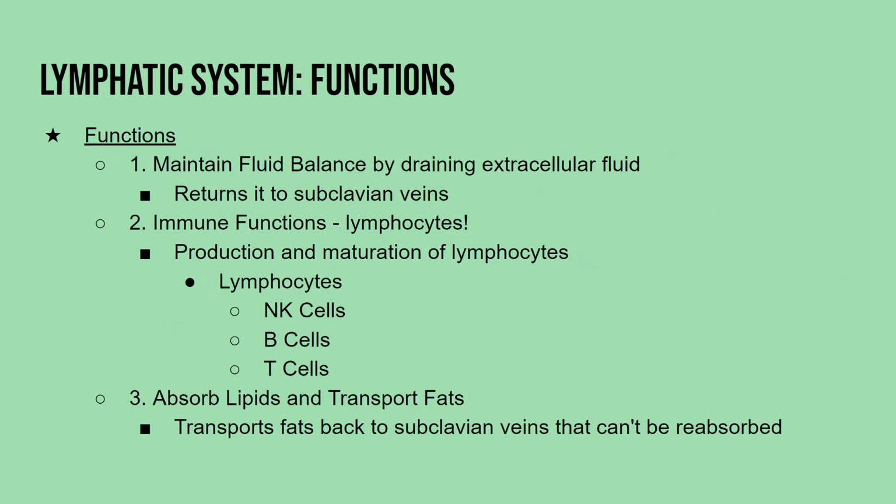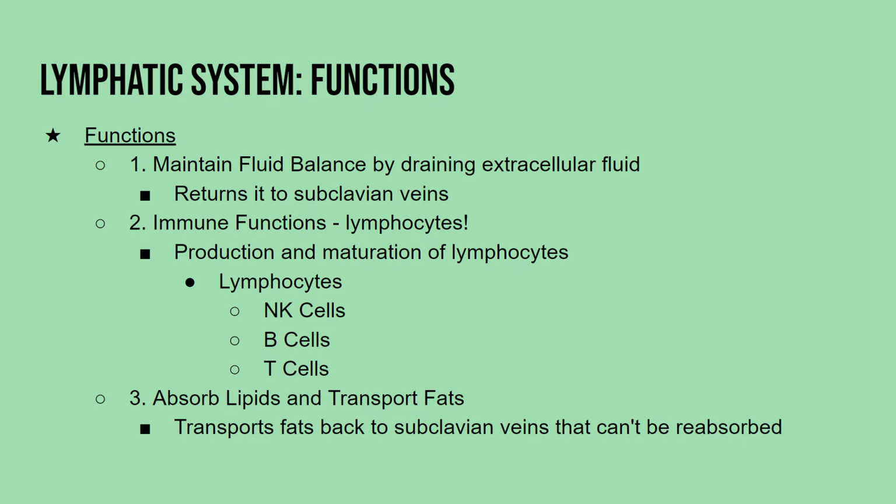So here are some functions of the lymphatic system: to maintain fluid balance by draining extracellular fluid that comes out of the capillaries, and it returns it to the subclavian veins. And then it's closely tied to the immune system because of lymphocytes.